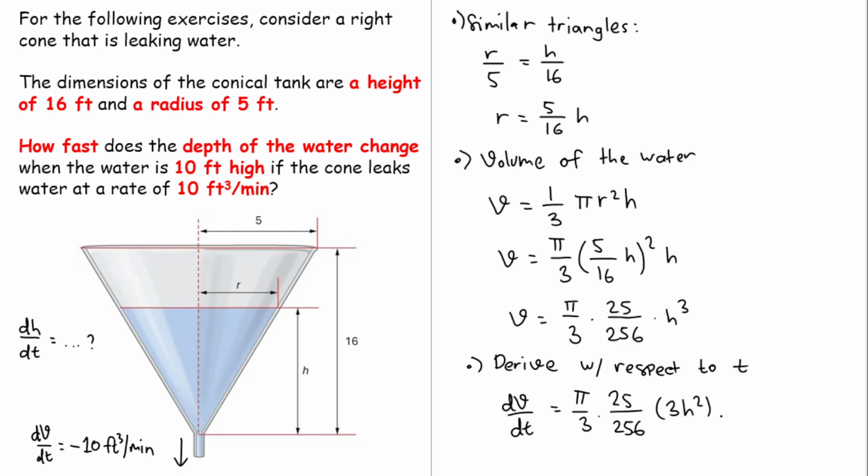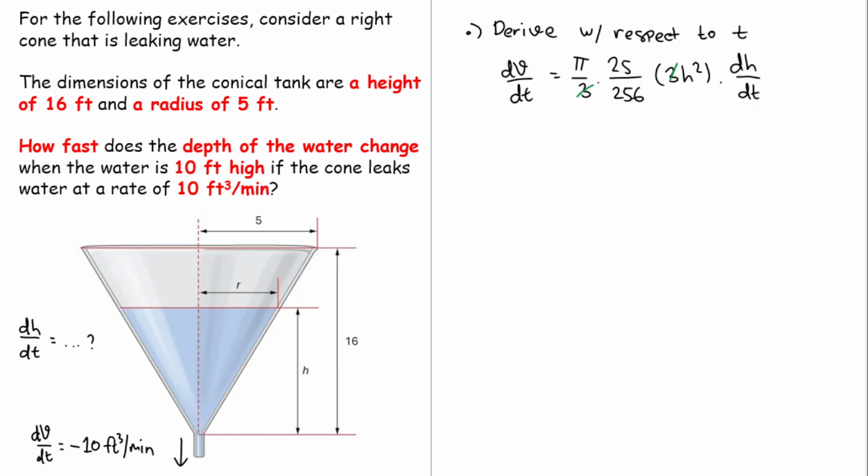Okay, and then multiplied by dh/dt. Good. And let's cancel out this 3, so 3 and 3 cancel out. Let's simplify this, but I ran out of space. Let's clean up this first.